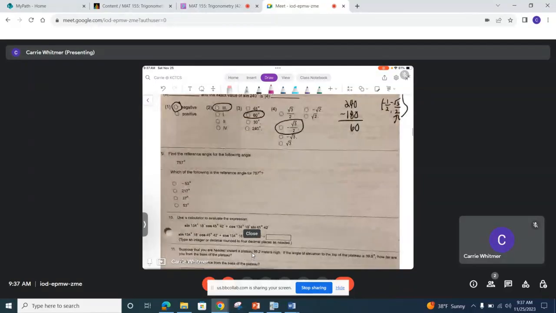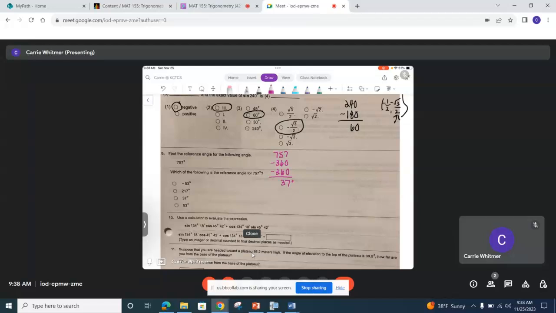Okay, on number 9, when you're finding the reference angle, first of all, you need to find a coterminal angle. So I'm going to take 757 and subtract 360 twice. And that will give me 37 degrees.